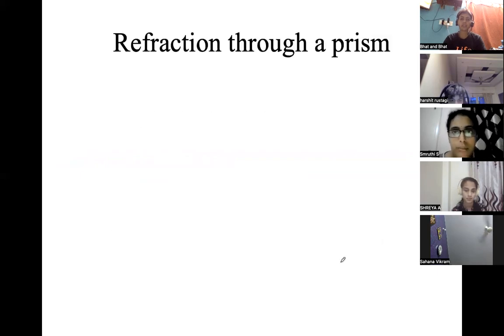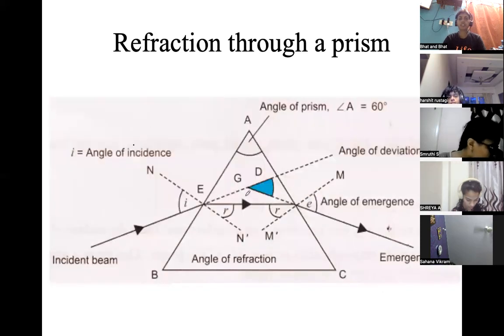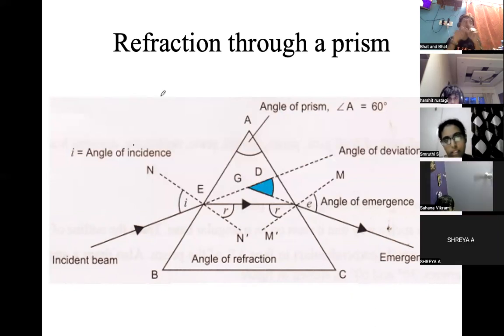Then refraction through a prism. So how does refraction take place through a prism? This diagram is very much important. So this will be asked for how much marks? Yeah, I think in your test they had asked you about the glass slab.